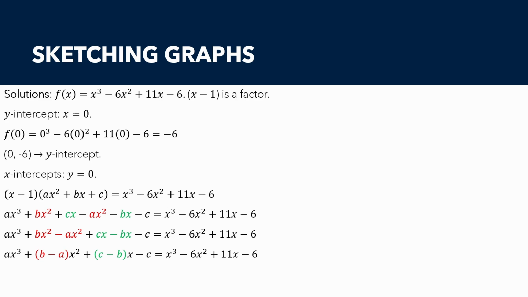Now looking at the left-hand side and the right-hand side, by observing, I can see that the ax cubed should be equal to the x cubed term on the right. That means a should be equal to 1, because the x cubed is multiplied by 1 to get x cubed. Hence a is equal to 1, by comparing. Now let's look at b minus a.